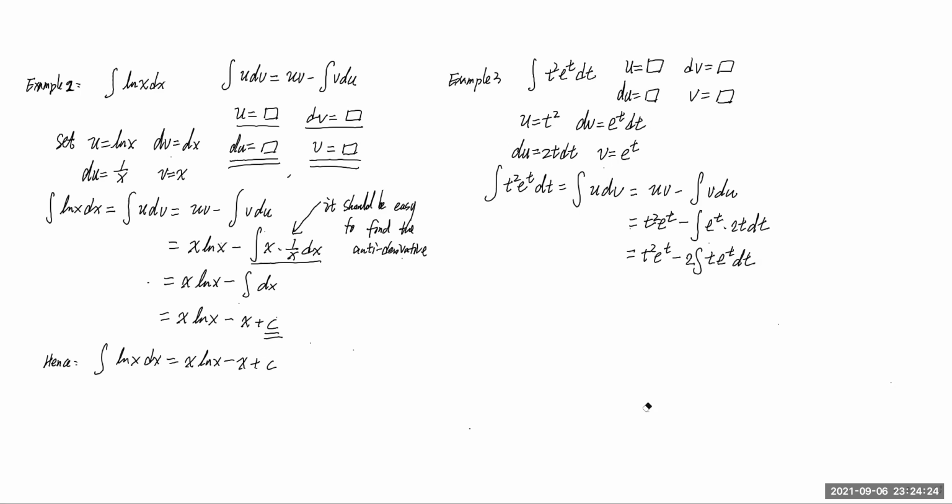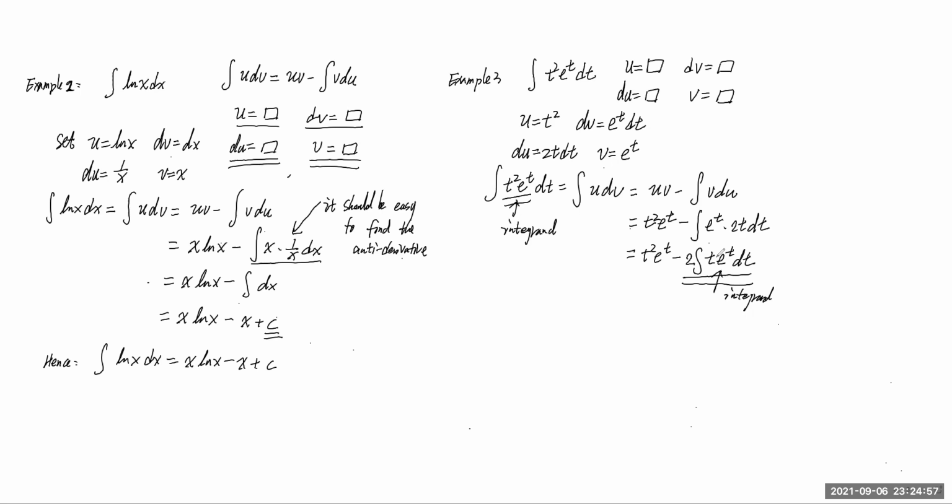For the second term, we still don't know the antiderivative. But if you observe the integrand t squared times e^t, you can see that in this new integrand the power of t is decreased by 1.